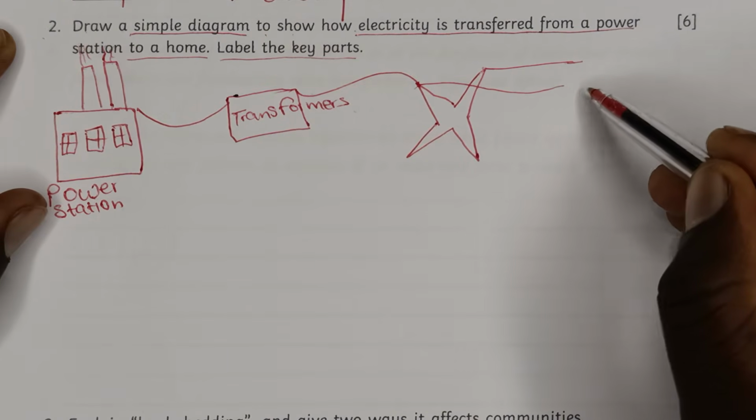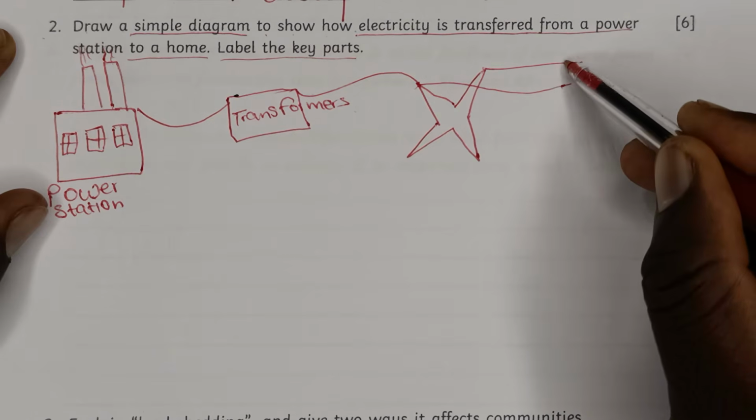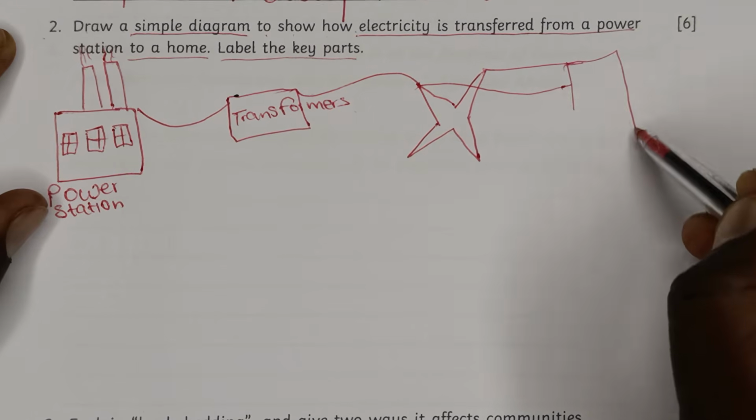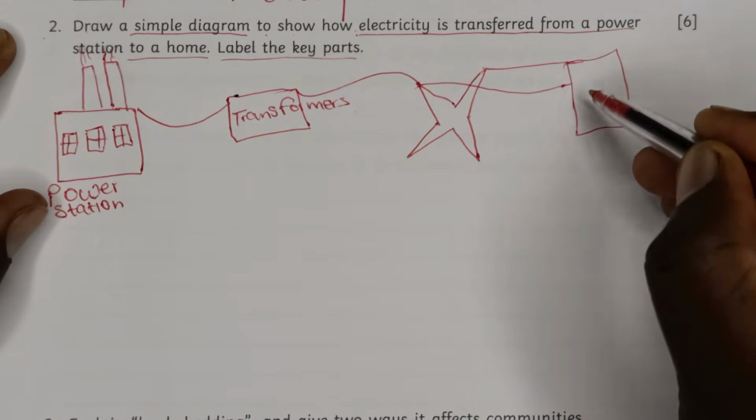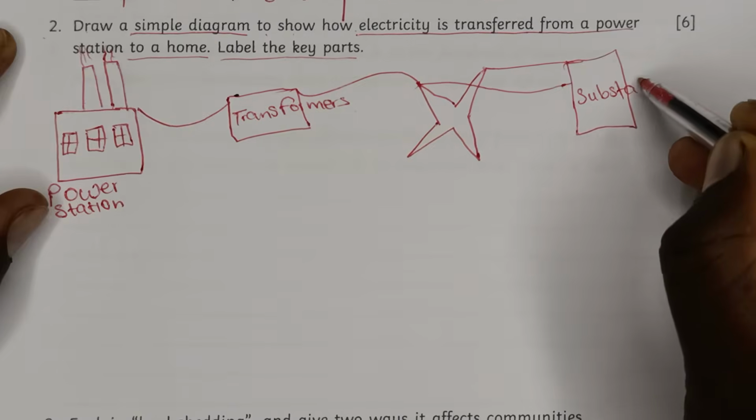They get to a substation. So now these lines get to the substation. So this is a substation.